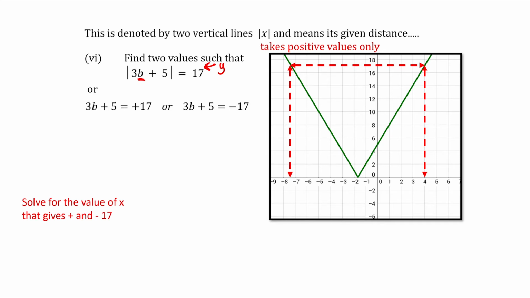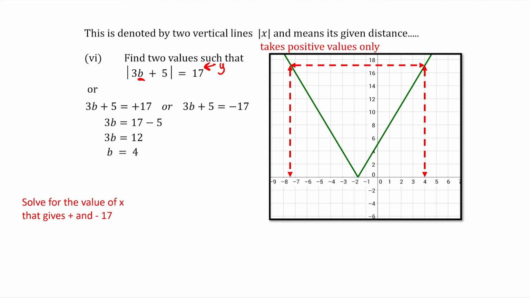So we can solve for the value of x that gives plus and minus 17. This gives us 3b plus 5 equals 17, or 3b plus 5 equals minus 17. Solving for b gives us 3b is equal to 17 minus 5, 3b is equal to 12, and therefore b is equal to 4.